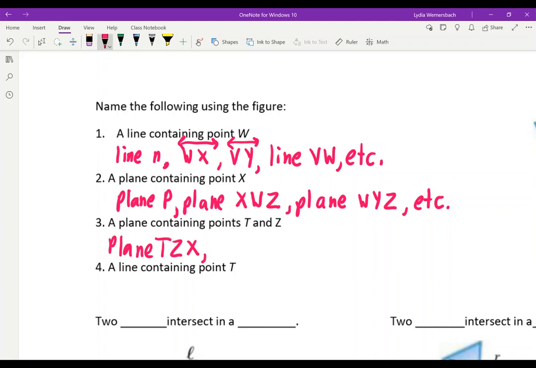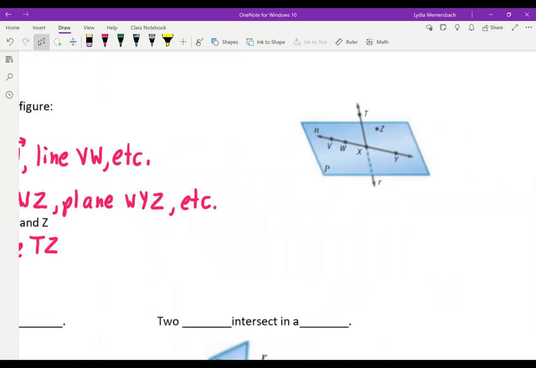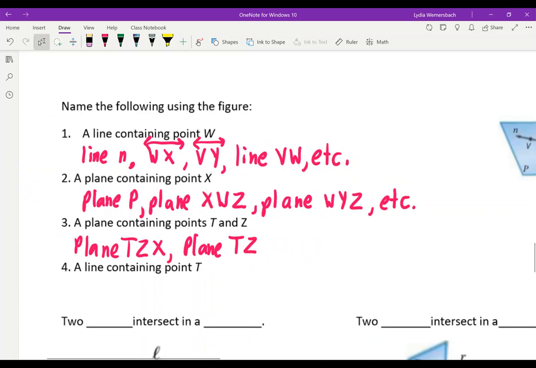So there again are more options. You could say plane TZ and then V. It would look maybe a little different or maybe more like this or so. But that would be another option, TZV. And there is so many more. So just because a plane is not drawn in our figure, it doesn't mean that there isn't one that exists there. So we do kind of have to use our imagination there.